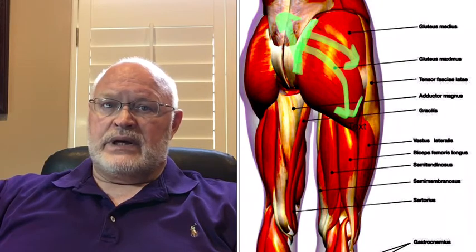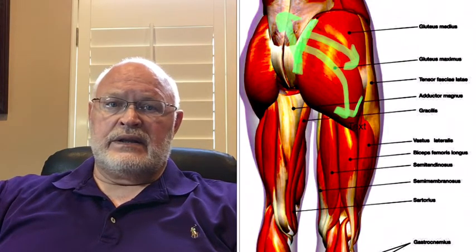A lot of times you have to look at where the pain is coming from. If you have pain that's coming from deep inside of the hip, that could be indicative of a sciatica type thing. It could be coming from the back because of where those nerves are radiating the pain from the back down towards the leg.